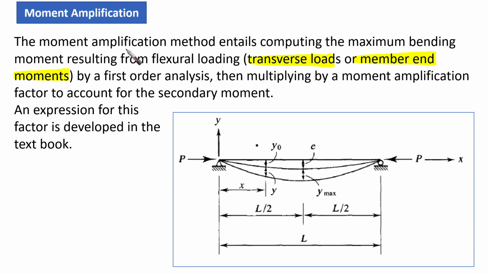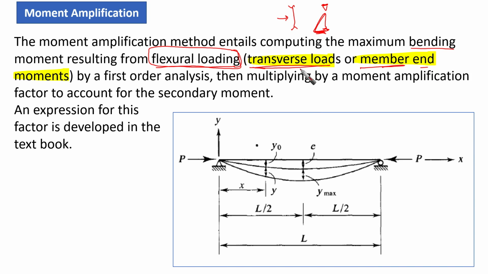The moment amplification method entails computing the maximum bending moment resulting from flexural loading, and take care of the words flexural loading here, which comes from transverse loading, whether it is applied directly, or, if there is no transverse loading, due to moments at the ends of the member.